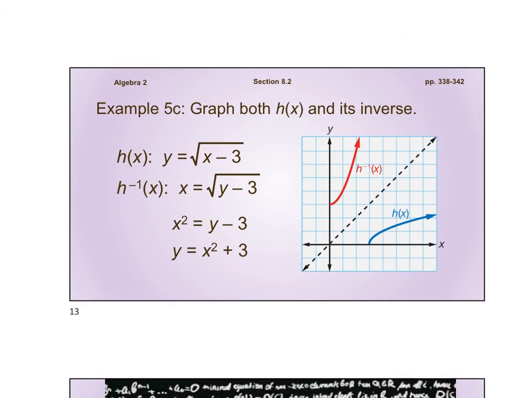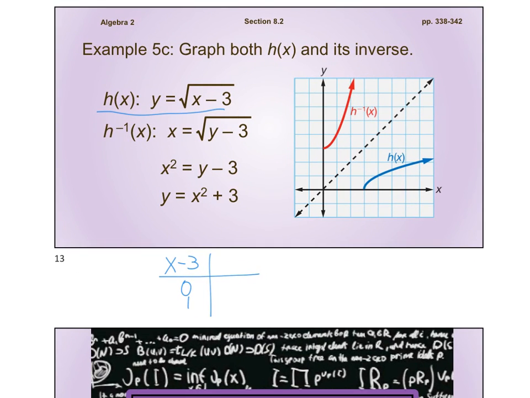So now if you graph both, I did a rough sketch, but this is what you would get right here. This is actually easy to graph. You find yourself a couple of points and then you flip them for the inverse. So for example, for h of x, I want x minus 3 to equal 0, 1, and 4.